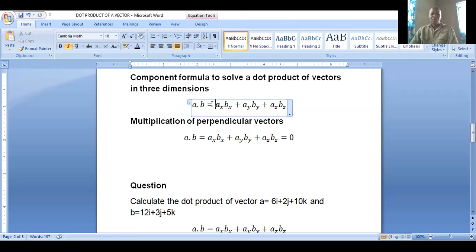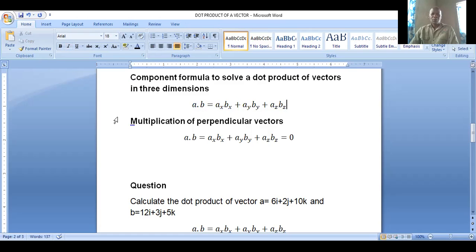So for A dot B, the X coordinate of A is multiplied by the X coordinate of B. Then you add the Y coordinate of A multiplied by the Y coordinate of B. Also, the Z coordinate of A multiplied by the Z coordinate of B. So this is merely the use of the component formula to get the dot product. It's as simple as that.